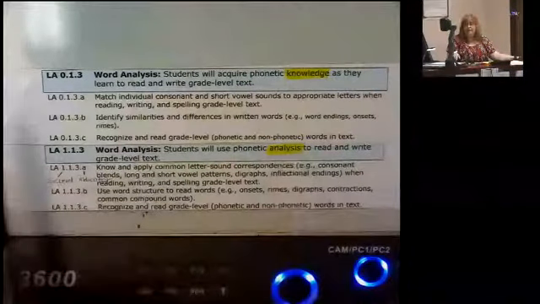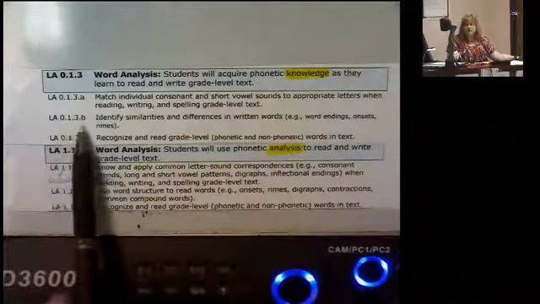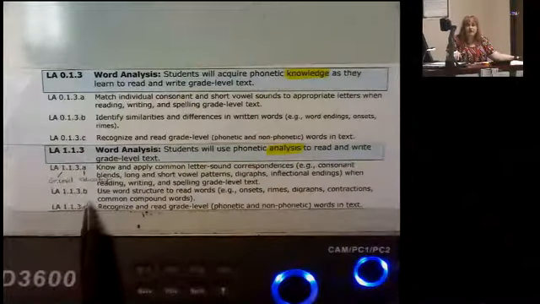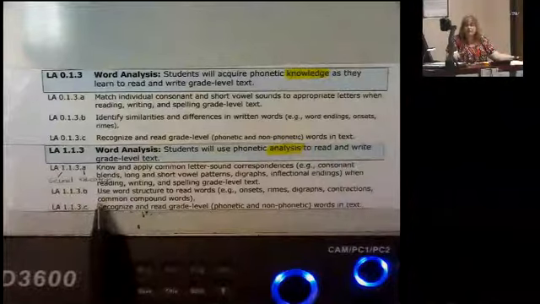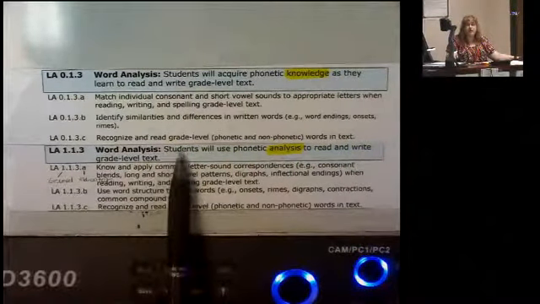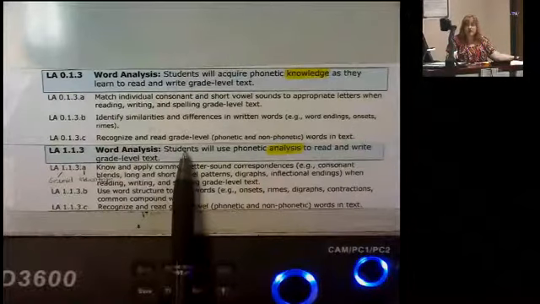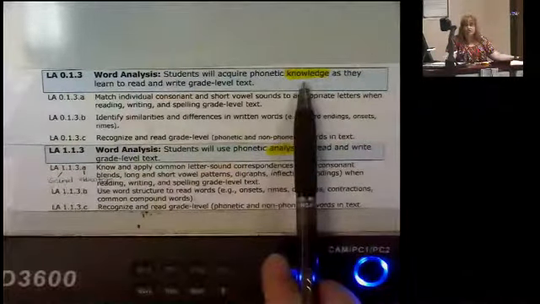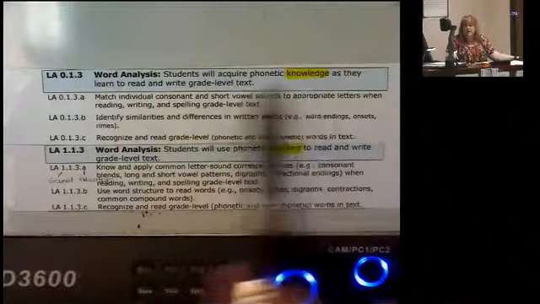You may have also noticed that we have letters. These letters are indicators. They are showing us that when a student can do these indicators, they can master this standard.